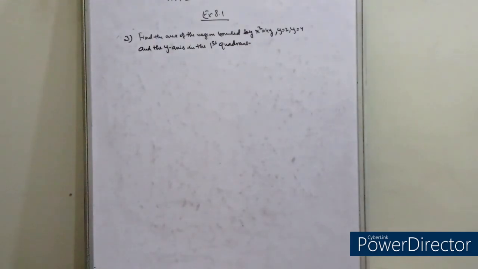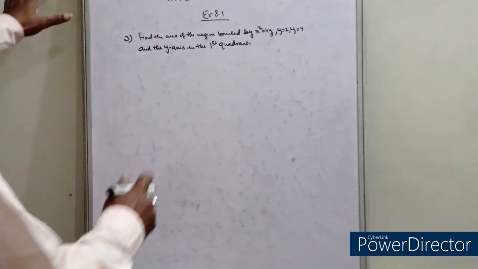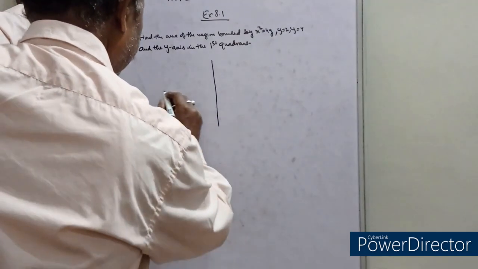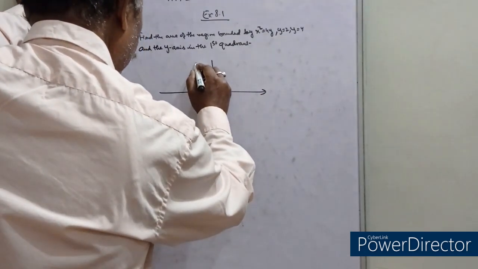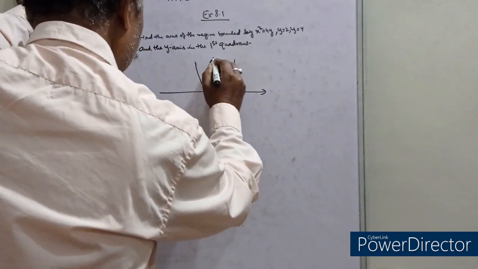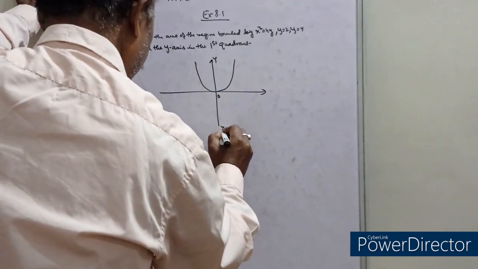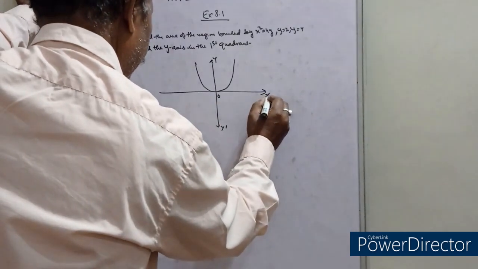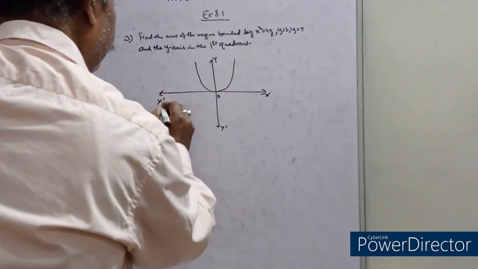So you have to find the area of the region. So x square is equal to 4y. This you have learnt in class 11. The graph will be like this. Your axis will be along the y-axis, Y O Y dash, and X O X dash.